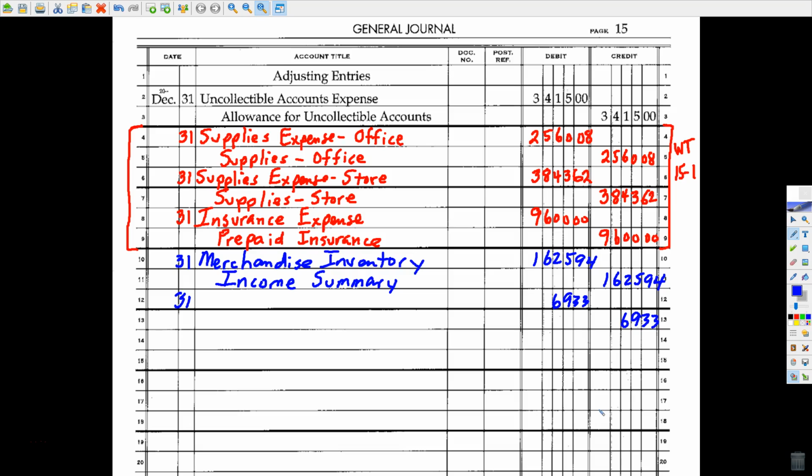Accounts receivable, right? That's typically what we do when we sell and they didn't pay us immediately, they're going to pay us sometime in the future: we debit accounts receivable. So now that it's interest, what do you think we're going to debit? Interest receivable. Good call.